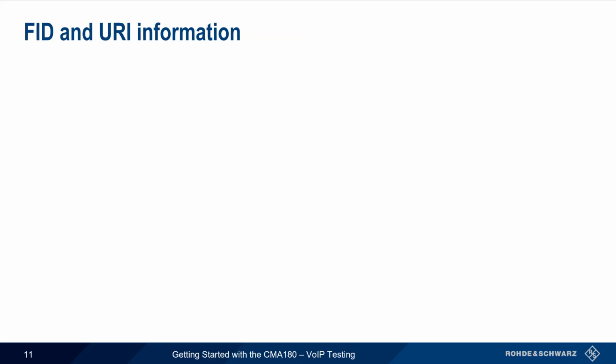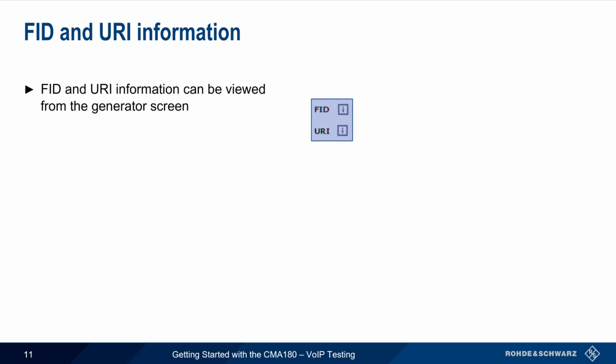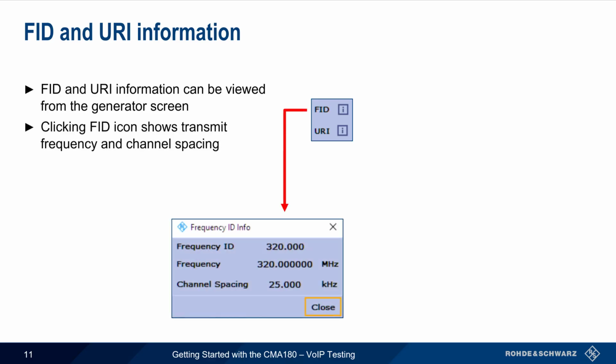But before we discuss these additional configuration parameters, let's pause for a moment to look at frequency ID and URI information. Both of these can be accessed by their respective icons. Clicking on Frequency ID displays a pop-up showing the frequency ID and the actual transmit frequency.